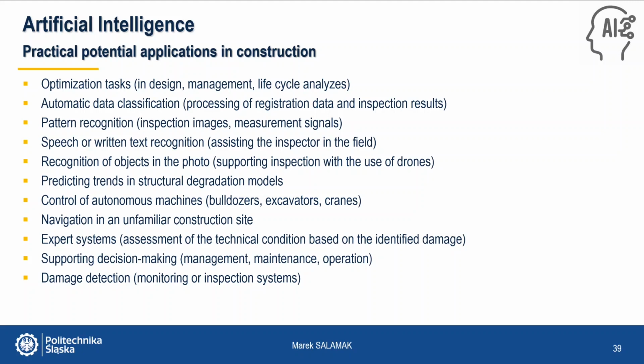It can be in designing, management, in the life cycle analysis, automatic classification of registration data and inspection results, pattern recognition, I mean speech or written text, predicting trends in structural degradation models, control of autonomous machines, navigation in an unknown area of the construction site, expert systems and decision support, and finally damage detection in monitoring system.